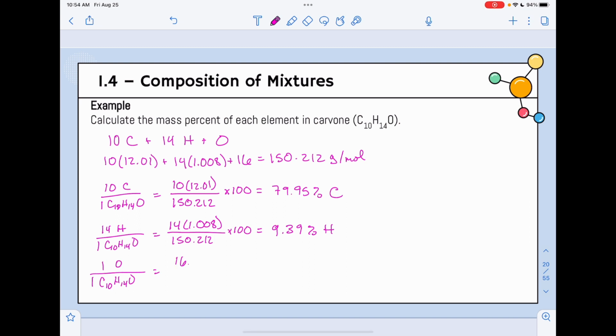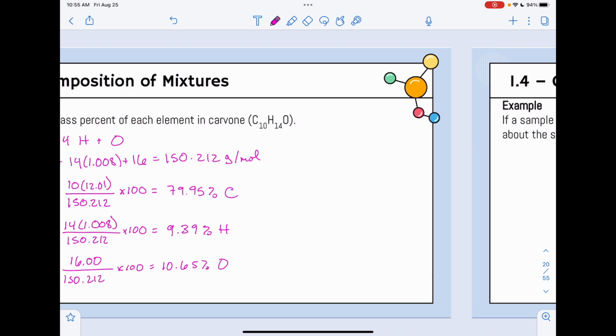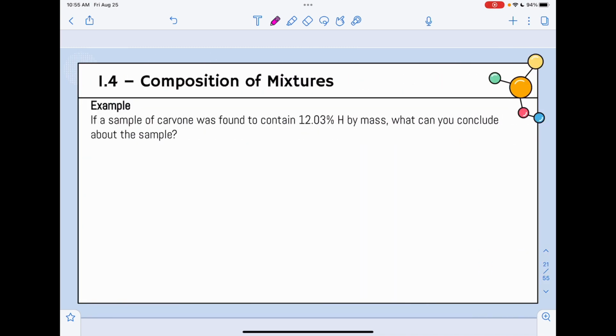Oxygen has a mass of 16, divided by 150.212, which comes out to be 10.65% oxygen. Okay, so pure carvone should be 79.95% carbon, 9.39% hydrogen, and 10.65% oxygen.